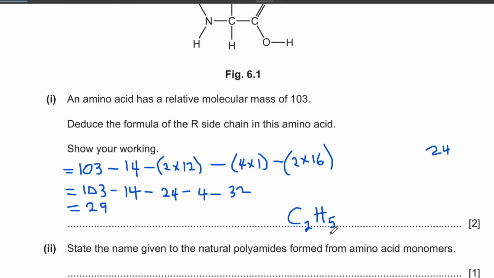Because if we do C3, that's 3 times 12, which is already 36, more than 29. If we have only one carbon, 12, carbon can only have a maximum of 4 hydrogens, so it's going to be CH4, which gives us 16, not 29. So therefore, the formula of the R side chain is C2H5.